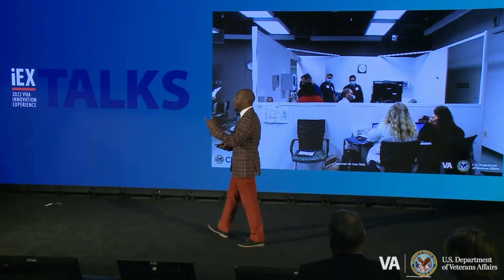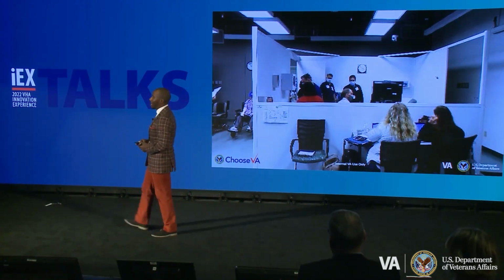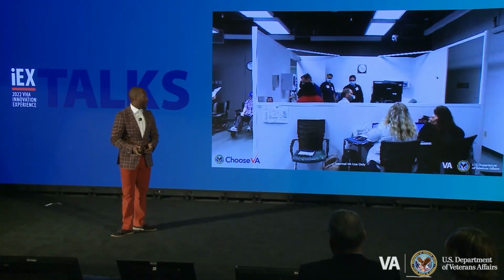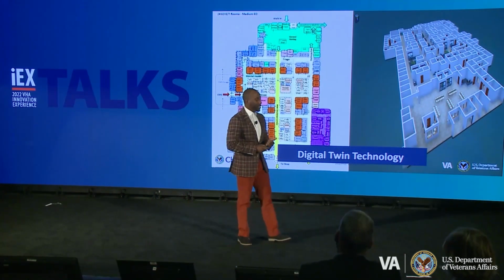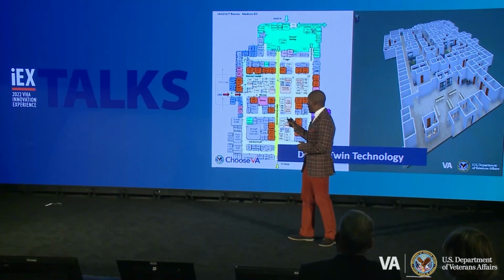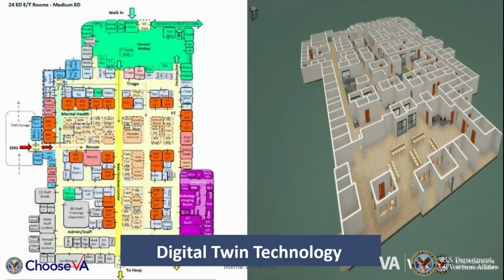But you can only build so many fake exam spaces, depending on your square footage. So we have to think bigger. We have to use technology. That's where digital twin comes into play. Now, we're able to take a 2D design schematic like what you see here and create a 3D rendering of it. The application also gives you the ability to design, simulate, and immerse.